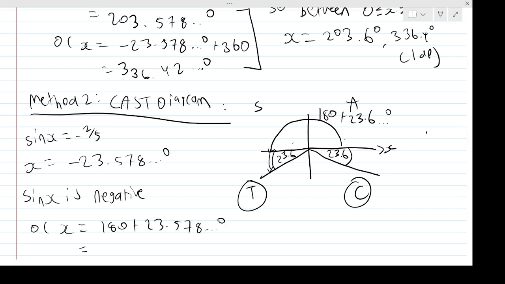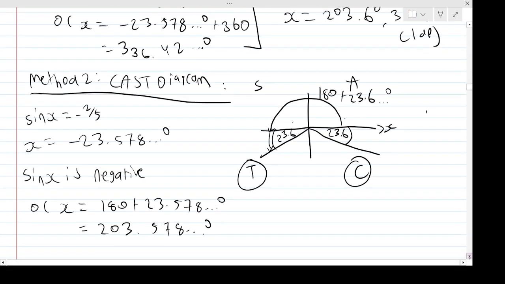If I do that in a calculator, I get 203.578 blah blah blah degrees, which matches this solution we got up here, right? So those are my two solutions then.